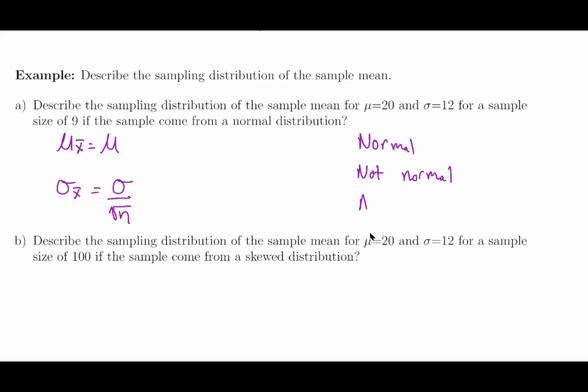Or is the distribution going to be approximately normal? Usually the reason we will say approximately normal is if we had to use the central limit theorem. So if we use the central limit theorem to say something is normal, we're going to say it's approximately normal.